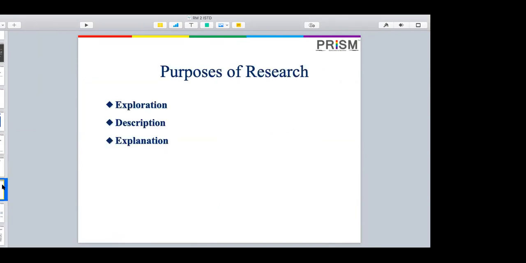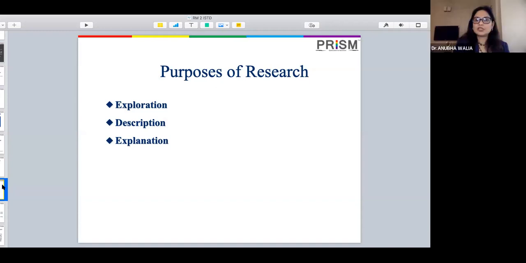So we know the purpose of research, whether we talk about the weather forecast or the discovery of antibiotics, researchers are constantly trying to find new ways to understand the entire world and how things actually work. So the ultimate goal of research is definitely to improve lives, right? The purpose of research is to find out what is known, what is not known, and what we can develop further.